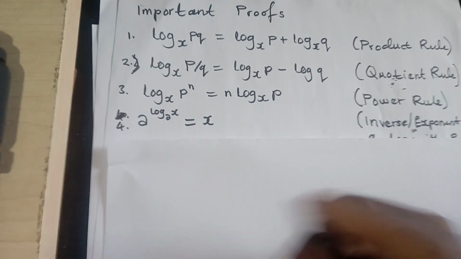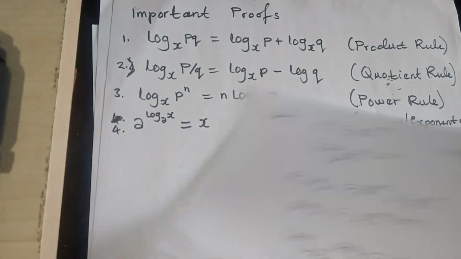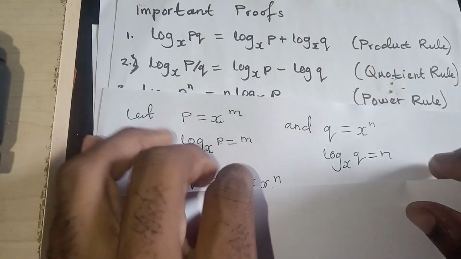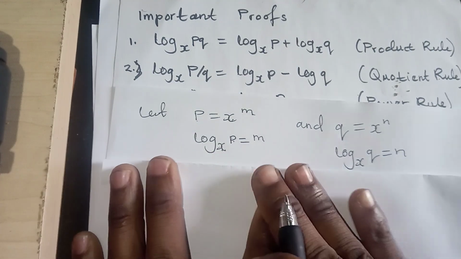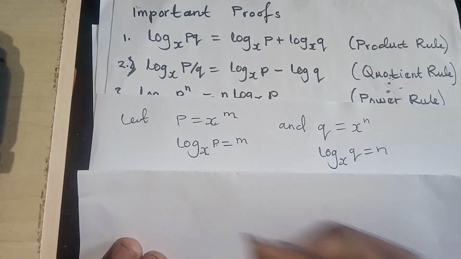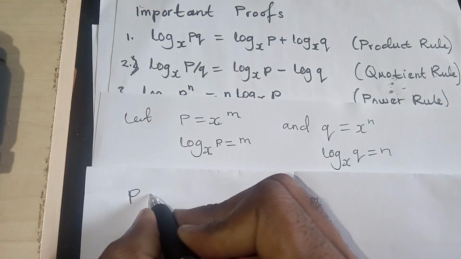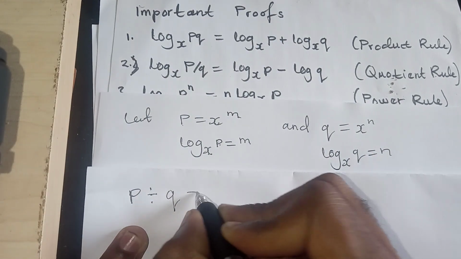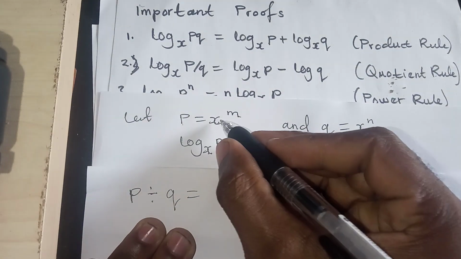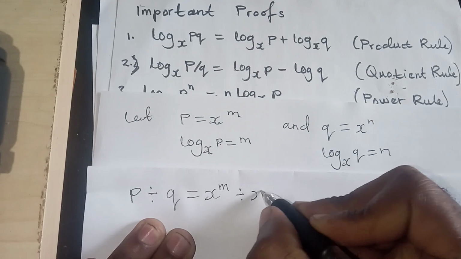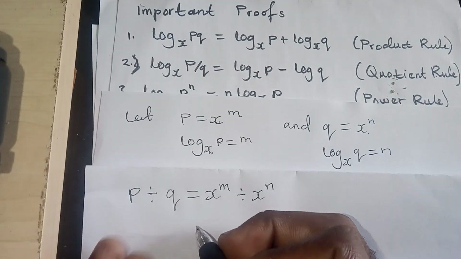So for this, you can as well just use this same data here. Let me just do this so that we don't waste a lot of time. So in this case, instead of multiplying, you can say p divided by q is equal to, p is x to the power m divided by x to the power n, which is q.